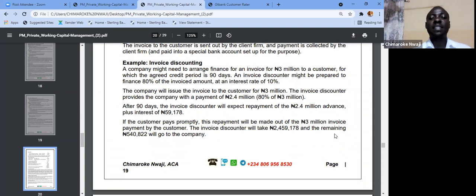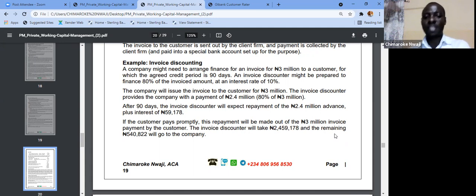A company might need to arrange finance for an invoice of 3 million to a customer, for which the agreed credit period is 90 days. An invoice discounter might be prepared to finance 80% of the invoiced amount at a rate of 10%. The company will issue the invoice to the customer for 3 million.